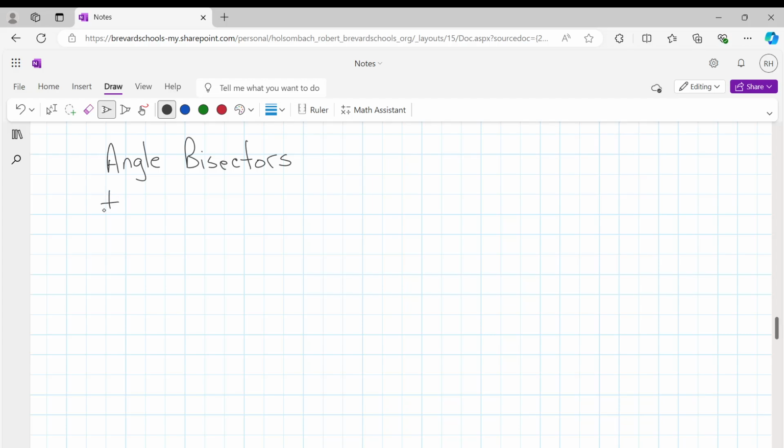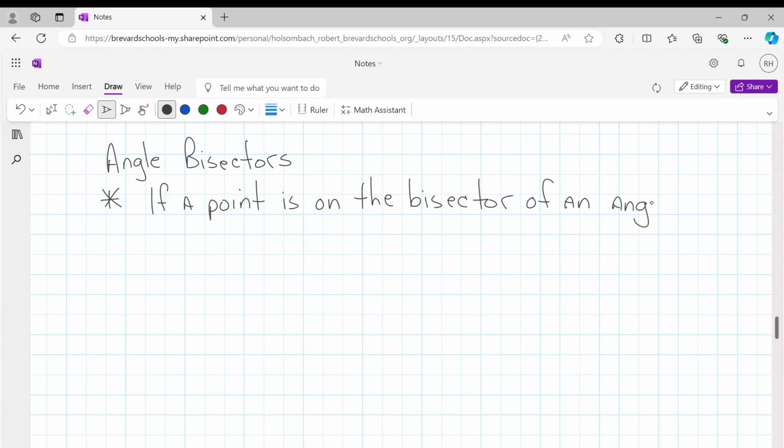The angle bisector theorem states that if a point is on the bisector of an angle, then it is equidistant from the sides of the angle.